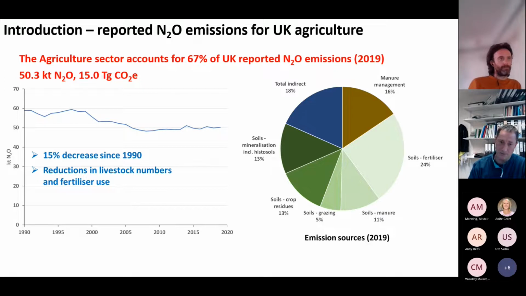That includes organic soils, peatlands or histosols as we call them. And then there are indirect emissions, so they're coming from nitrogen that's been deposited, volatilized and then redeposited, or nitrogen that has leached. And so about 18% coming from those indirect sources.